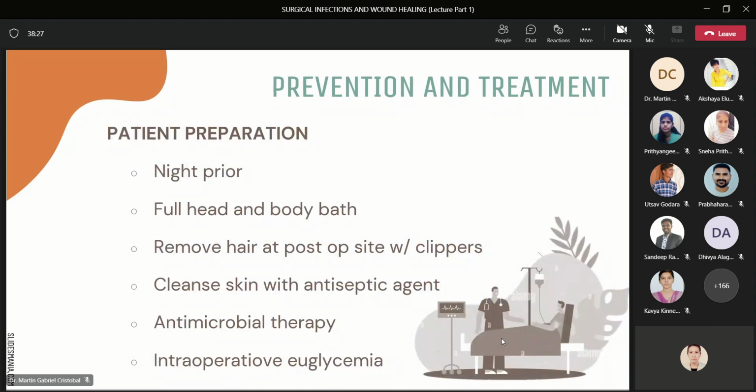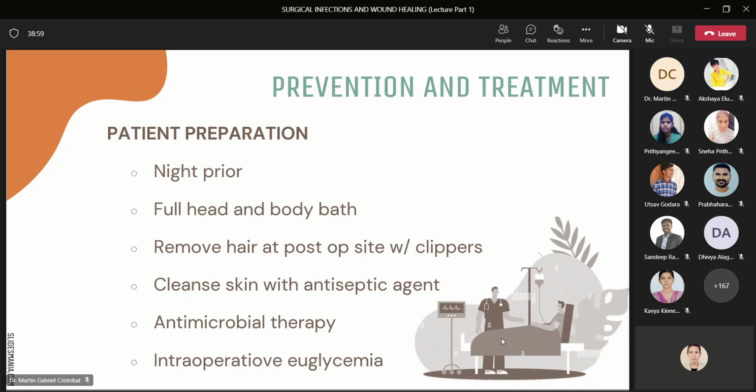Next is patient preparation. So we usually start preparing the patient the night prior to the planned surgical procedure. So the patient usually gets a full head and body bath or shower using soap or an antiseptic agent. Hair removal from an operative site using clippers is preferred rather than razors to avoid creating nicks in the skin that can foster bacterial growth. And also, the skin should be cleansed with an alcohol-based antiseptic agent.